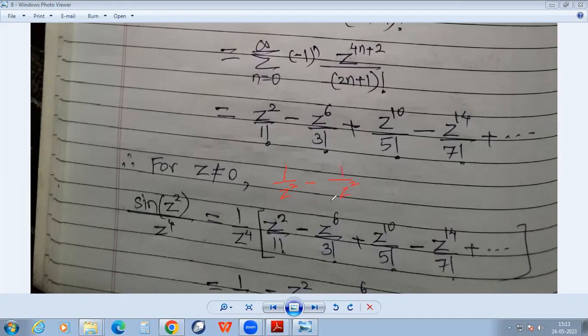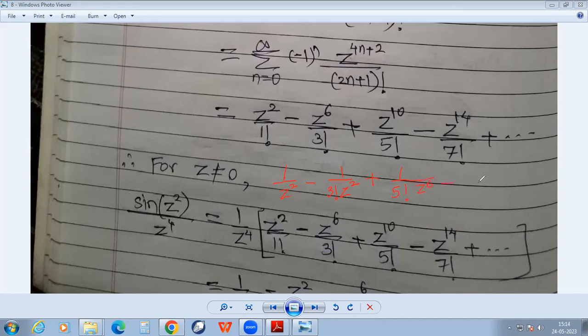Numerator is 1 and there was 3 factorial here. So 1 by 3 factorial times z square in the denominator. Plus, what we are having is z raised to 10 upon 5 factorial divided by z raised to 4. So it will be 1 by 5 factorial and obviously z raised to 6.